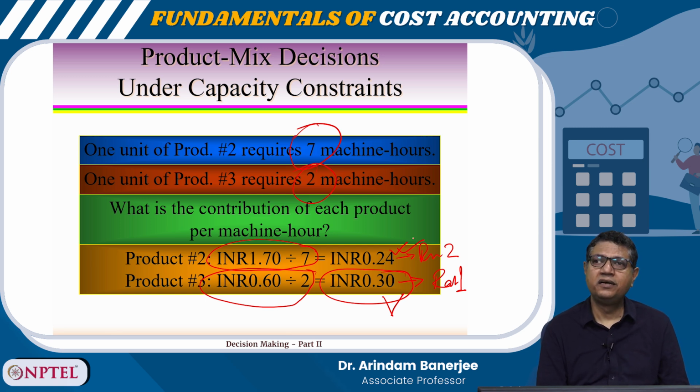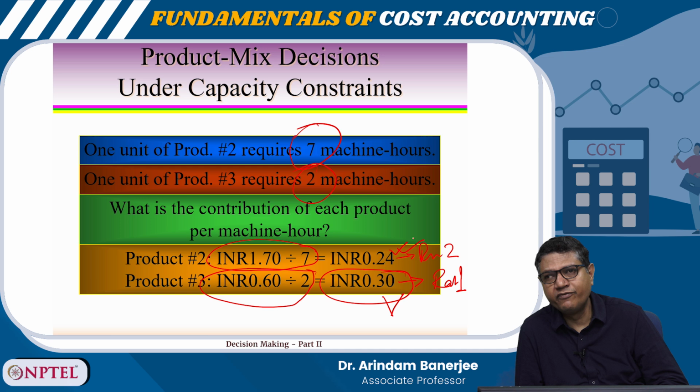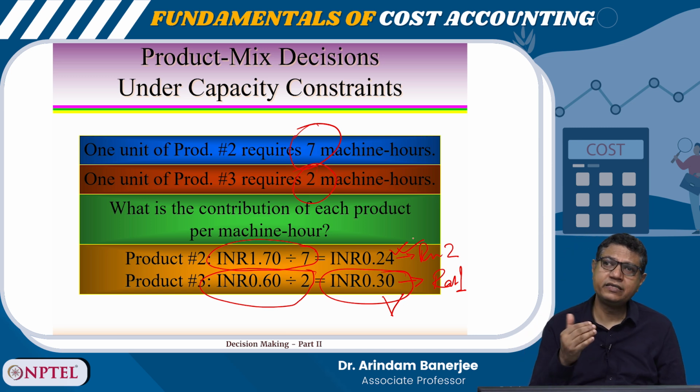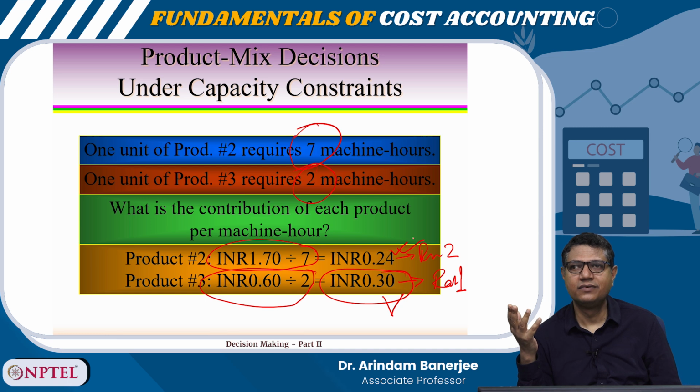The other decision making category which we discussed is product mix when there is a constraint, right? Product mix when there is a supply constraint, or a key factor or limiting factor. What is the key factor or limiting factor? In the previous examples, the underlying assumption is that all the factors of production, material, labor, overhead, etc., and their market demand, are available in abundance. That means whatever I am able to produce, I will be able to sell, right?